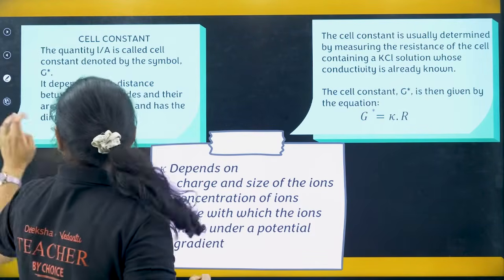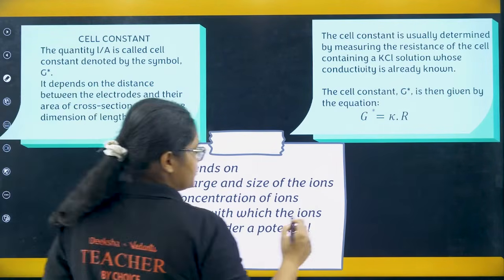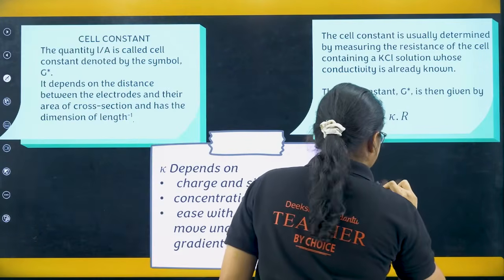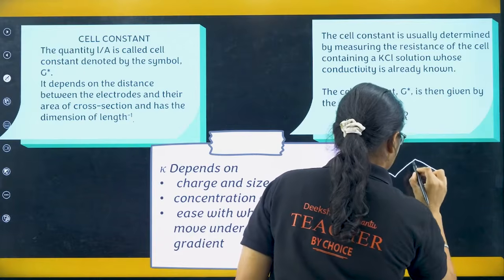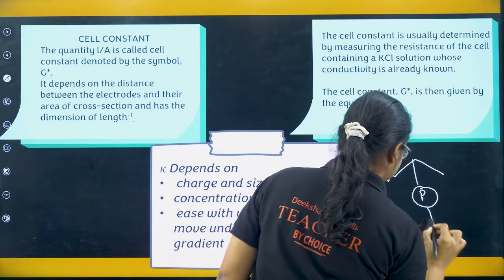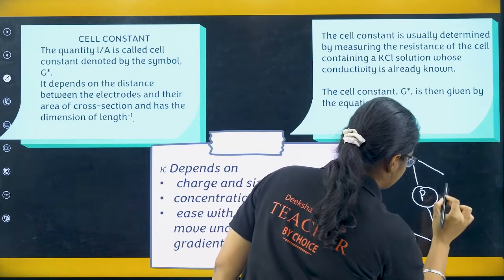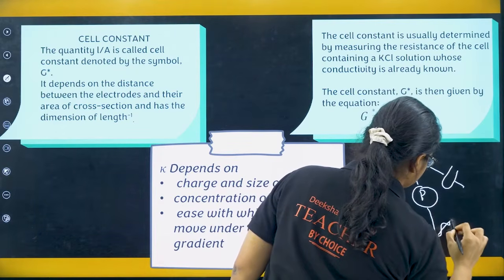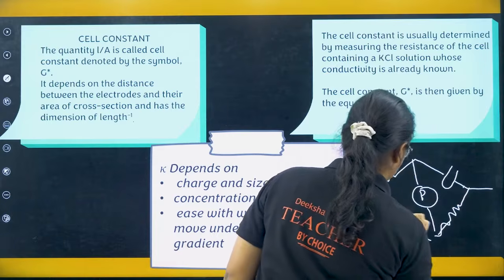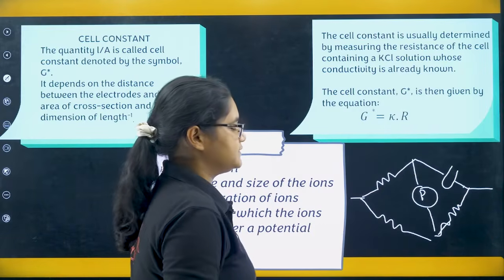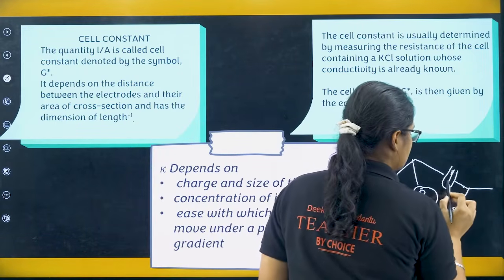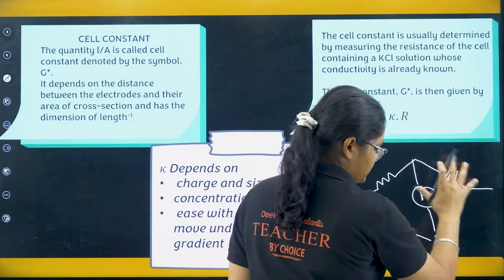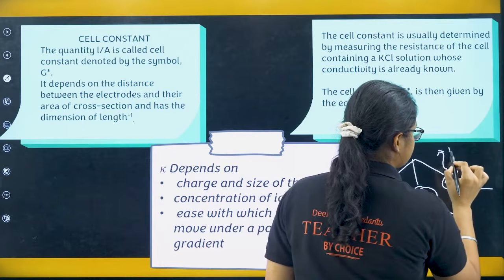See, you have a Wheatstone bridge like this. Please understand this one. I'm just drawing a rough diagram. Here I'm taking my conductivity cell. When you put it in the Wheatstone bridge, you can calculate its resistance.